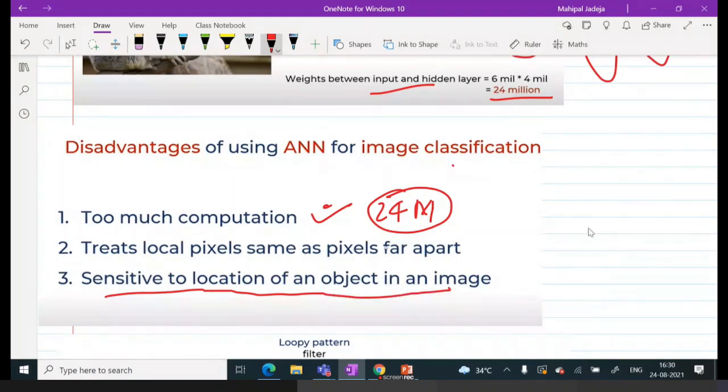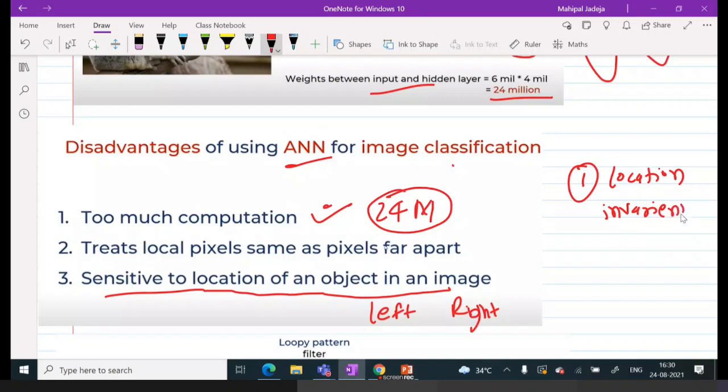If the image appears in the center, then it's fine. But if it appears in the left corner, or the right corner, or with some rotation, then your ANN won't be able to detect it properly. So in some sense, we want a location invariant feature, a mechanism which is not dependent upon location.